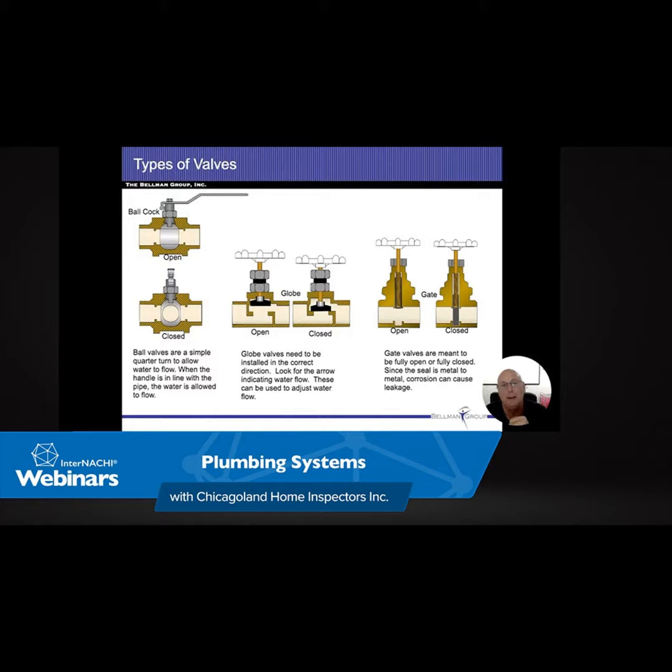We don't want that water ever being able to come back into our potable drinking system and go elsewhere, where I could drink this, through a cup of coffee or something else. We don't know what's in that lawn. It could be pesticides. It could be fertilizer. It could be a whole bunch of other stuff that's in there. We don't want to draw that back into our drinking water and get somebody sick.